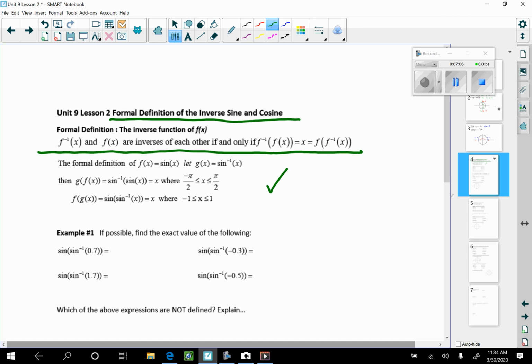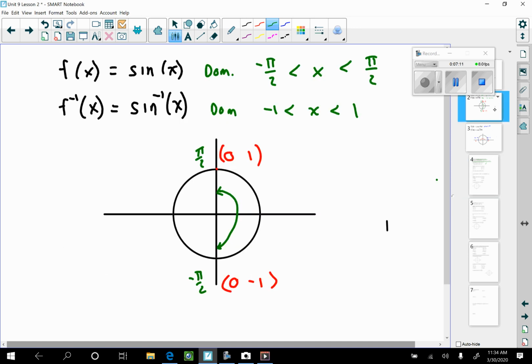I'm going to look at the graphical representation of the inverse sine. So I have the sine of x using the unit circle, of course. I have this unit circle right here. Okay, this is a circle. That point here is 1, 0. All the radii are 1.